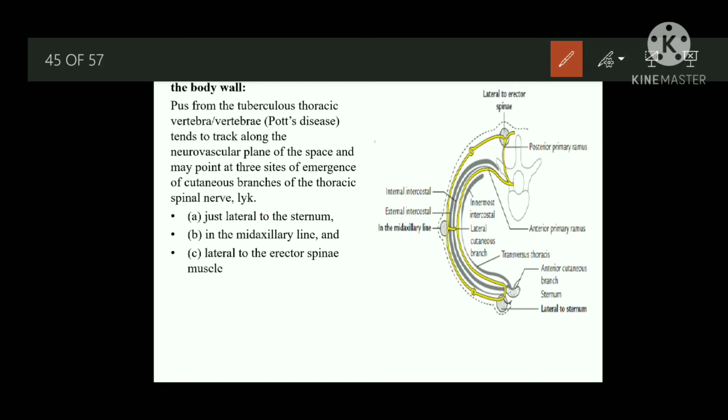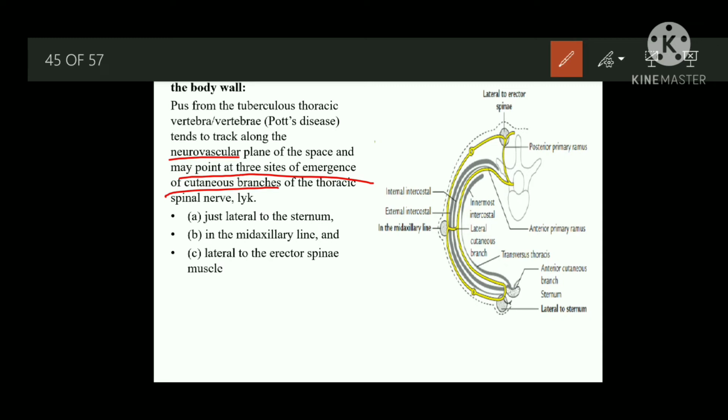Now come to the site of the eruption of cold abscess on the body wall. The pus formation due to tuberculosis of the thoracic vertebra, that is Pott's disease, tends to track along the neurovascular plane, that is between the deep and intermediate layers of the intercostal muscles, and the points where the pus emerges are the sites of emergence of the cutaneous branches.